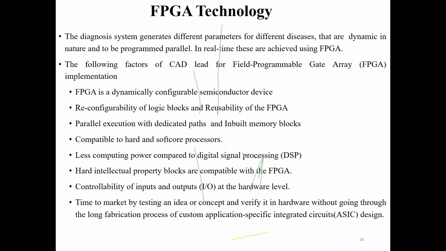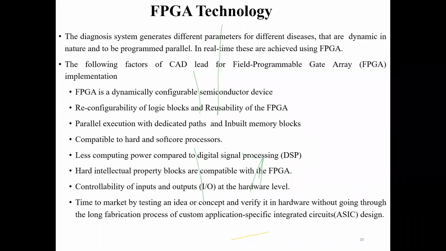Now why do we go for FPGA implementation or FPGA technology? The diagnosis system generates different parameters for different diseases that are dynamic in nature and to be programmed in parallel. In real time, these are achieved using FPGA. A software-based approach is sequential in nature.